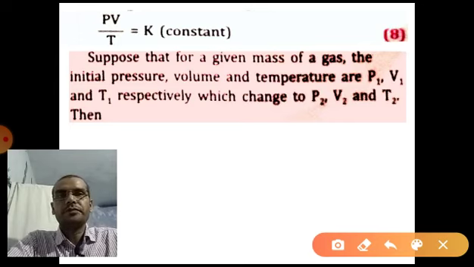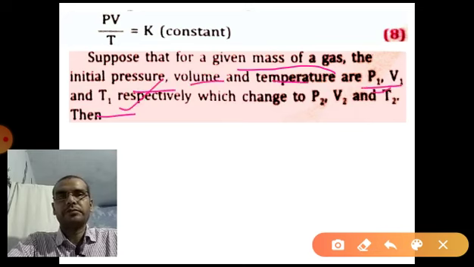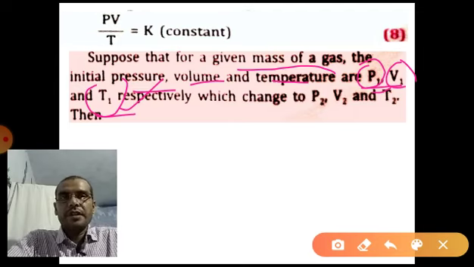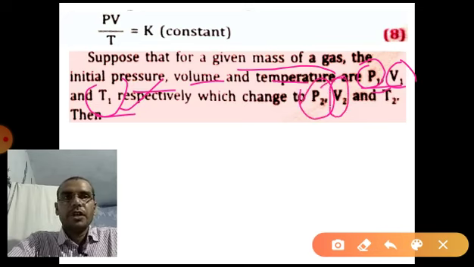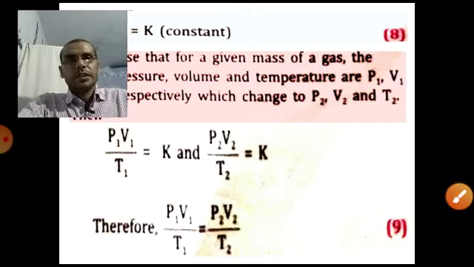Suppose for a given mass of a gas, the initial pressure, volume and temperature are P1, V1 and T1 respectively. Then this pressure, volume and temperature change, and become the final pressure P2, final volume V2 and final temperature T2.